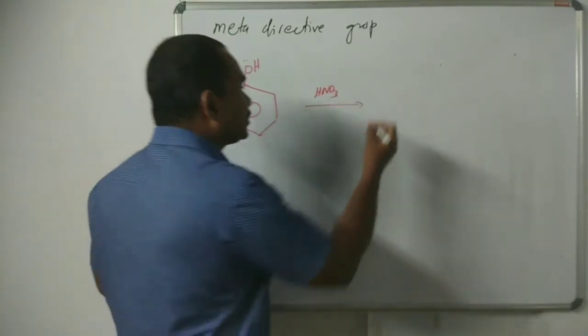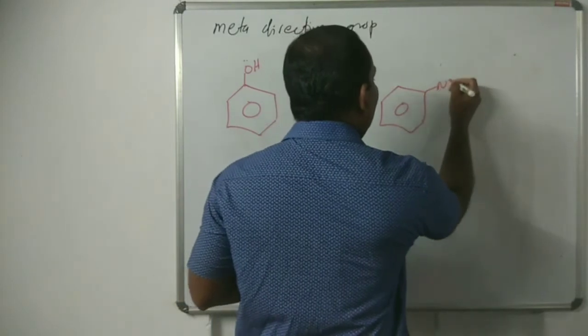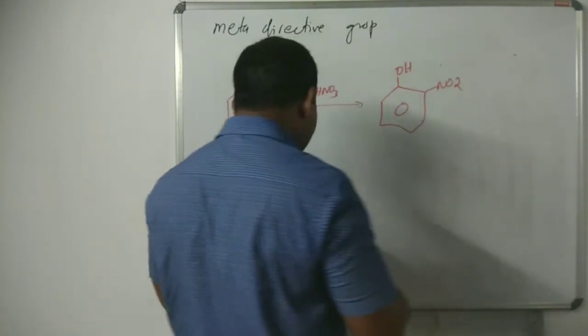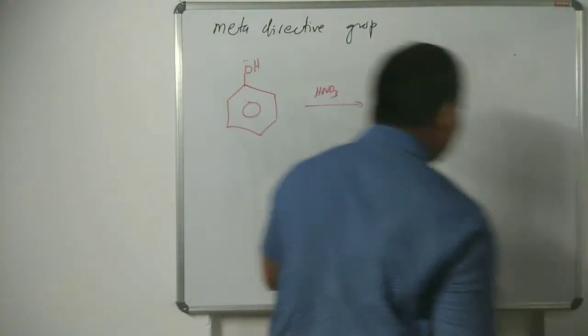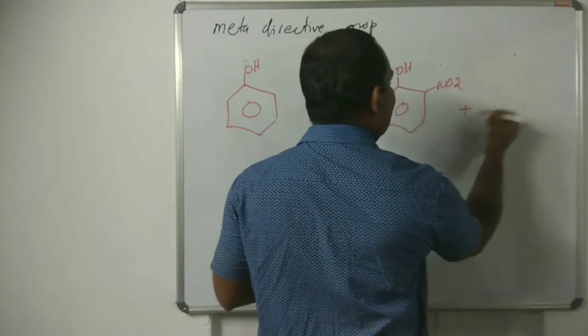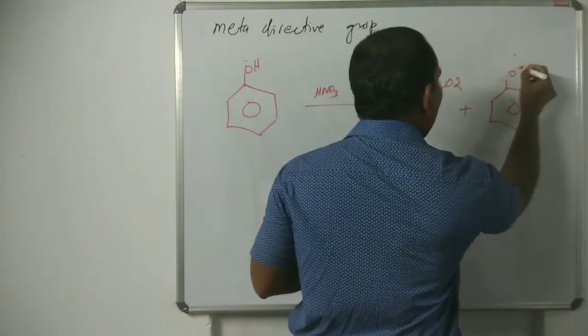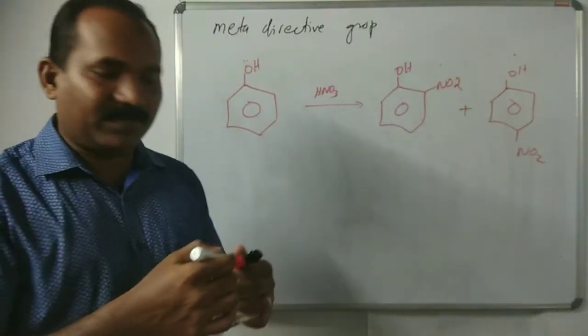Nitration. We get orthonitrophenol and paranitrophenol, with OH and NO2.